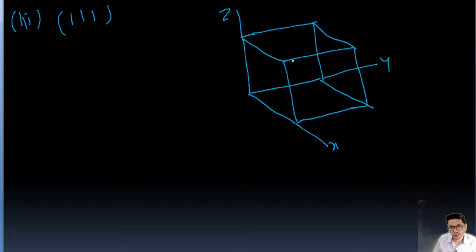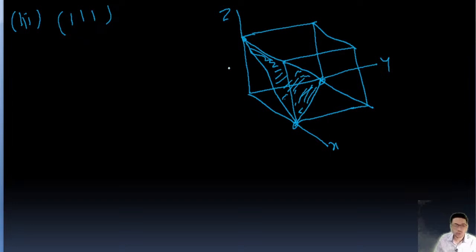So this is the 111 plane, this one. I have explained it in the Miller indices classes.